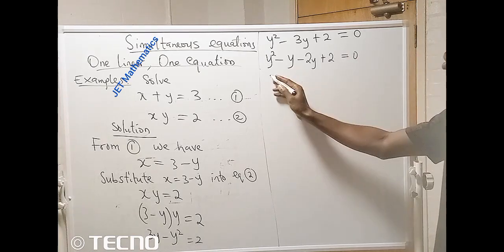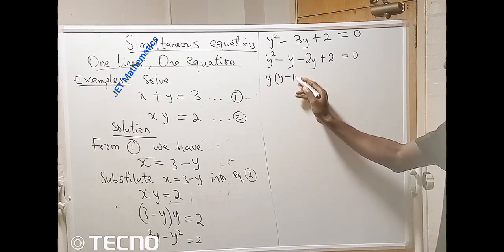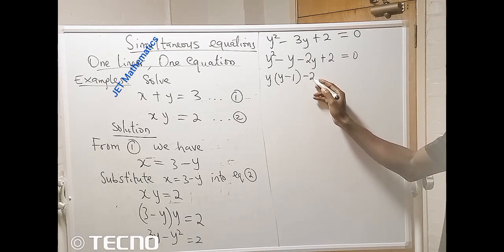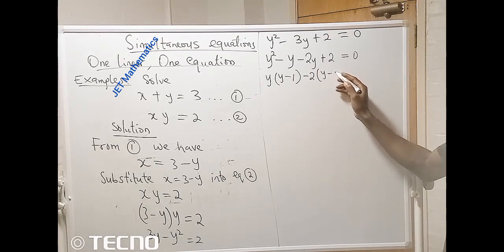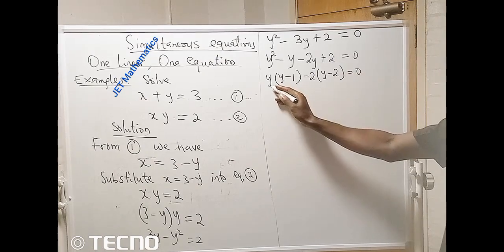Grouping this, we have y, and here we have y minus 1, here we have minus 2 factored out, then we have left y minus 1 equals to 0. So this has y minus 1, and this and this form y minus 2 equals to 0.